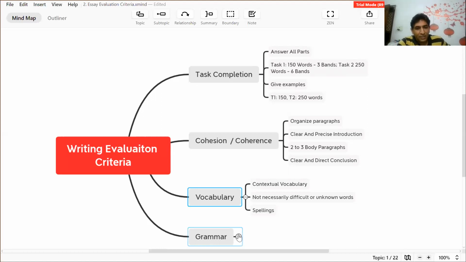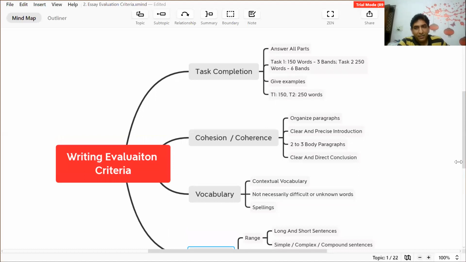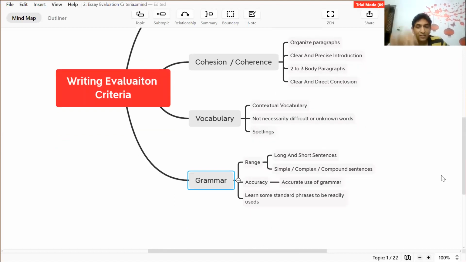The last criterion is that of grammar, and with respect to grammar, we are going to study a few things. You have to make use of some long and short sentences, a few complex sentences which start with though or although, where you are showcasing your ability to write long sentences. You can definitely use some templates. Thanks to unprecedented development in the field of science and technology, the world is transformed into a global village.